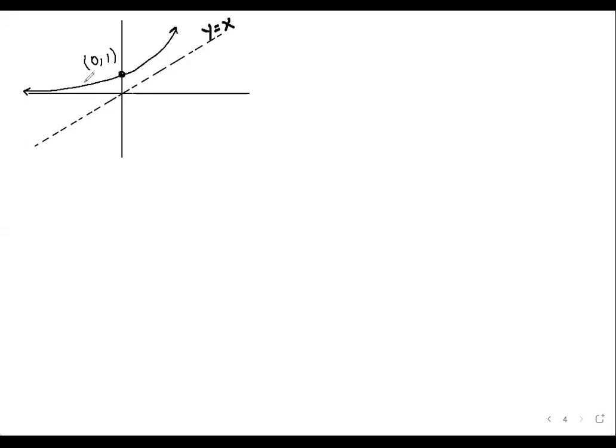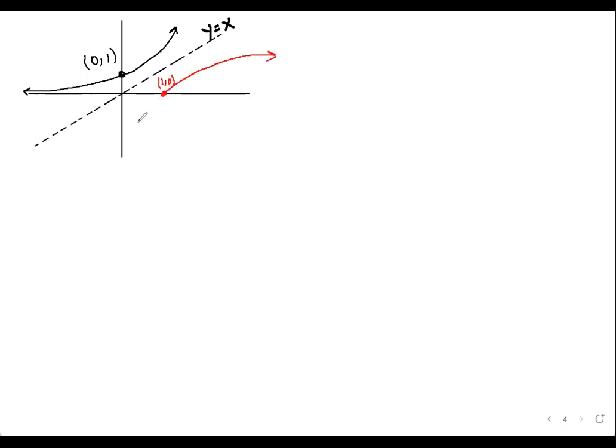We reflect all the points in the black curve around this line. So the point here will be reflected here. This point must be 1, 0. And everything here will be reflected like this.